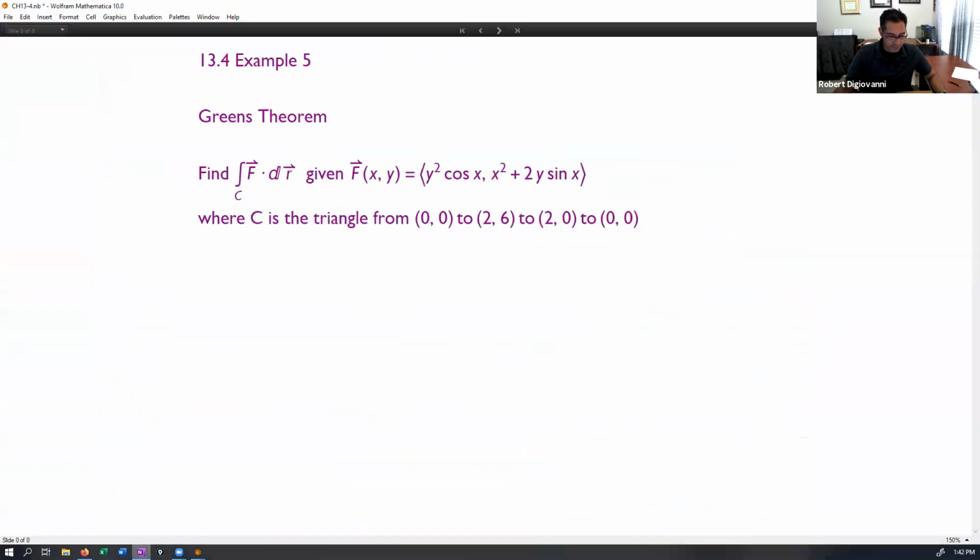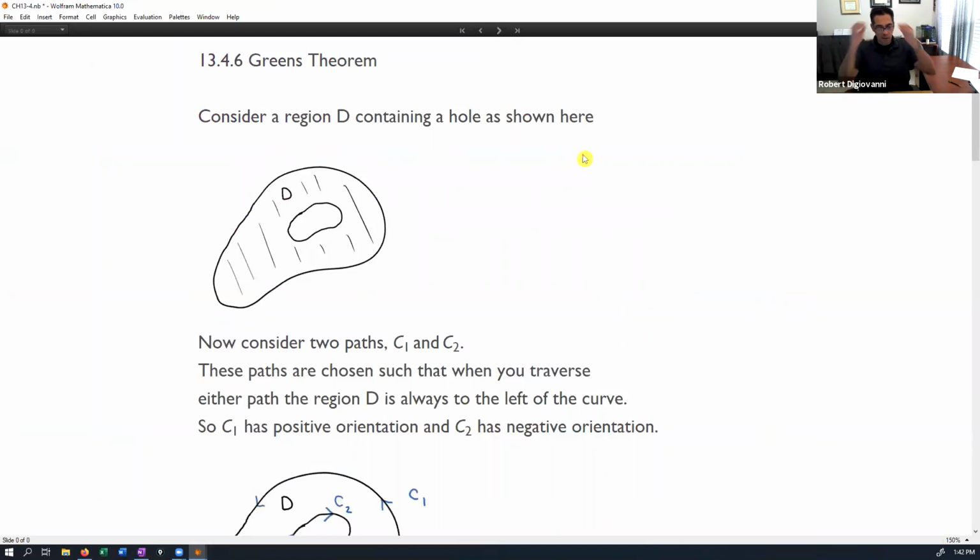Okay, we're just moving right along. I've been debating whether or not I should show you this, because it's going to take up time. Yeah, I'm going to do it.